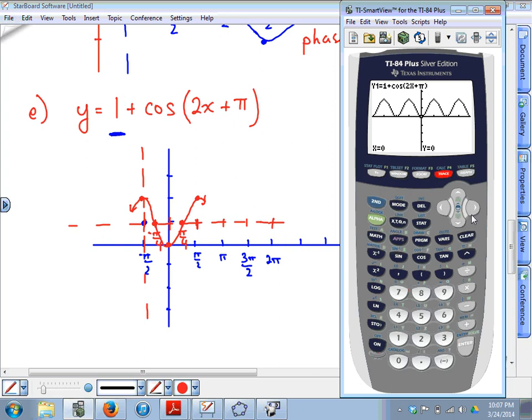If you hit the trace button, graph up to the top there. So when y is equal to 2, we're at 1.57, which is pi halves. So just a quick little way to make sure that your graph is accurate.